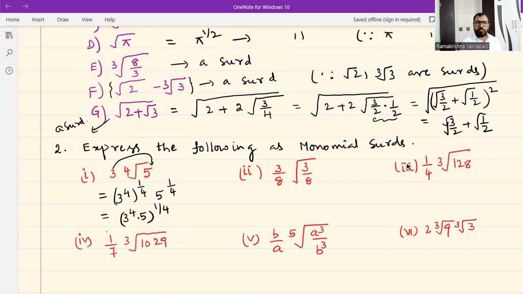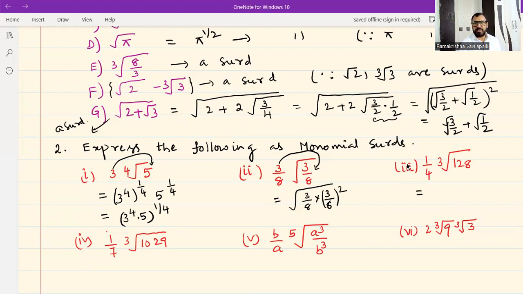Similarly, this is equal to just this, take inside the square root. So we can write this as 3 by 8 into 3 by 8 whole square. That's it. This is a single one. You can just simplify it.